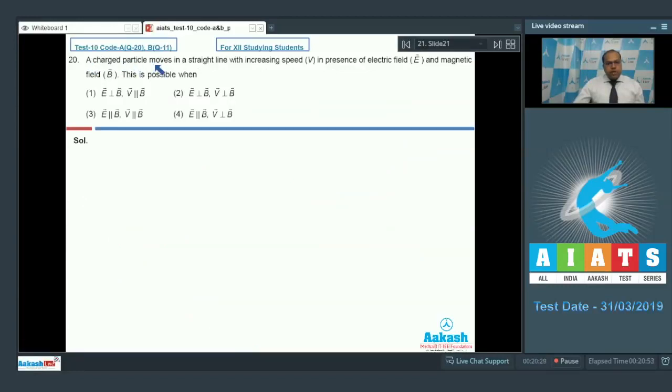In question number 20, a charged particle moves in a straight line with increasing speed v in the presence of electric field E and magnetic field B. This is possible when? Two conditions are given. One is that the particle must move in a straight line, and the other is that its speed must increase with respect to time.